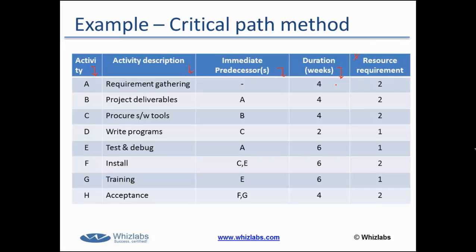Now, if you look into this table given here, can you identify the activity which does not have any immediate predecessor activity? Immediate predecessor means which activity happens just before that activity.